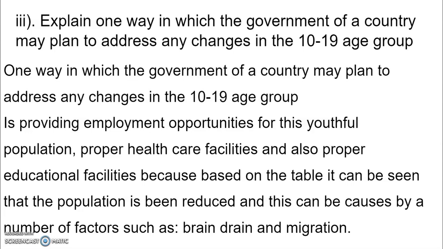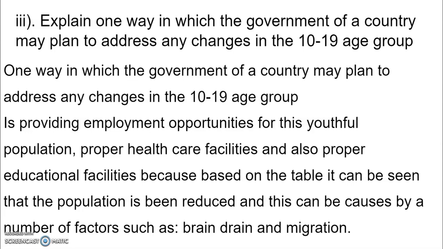A number of factors could have contributed to this decrease in the population, such as migration and brain drain. Once they reach the age group 20 to 29, they may choose to migrate to other countries, right?